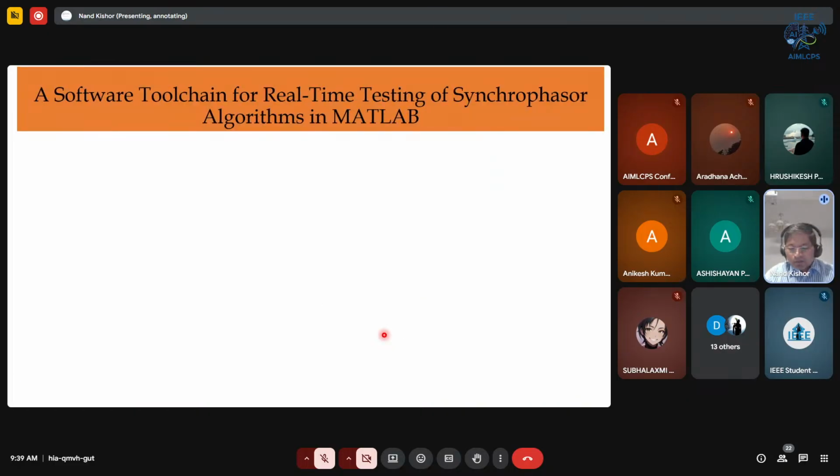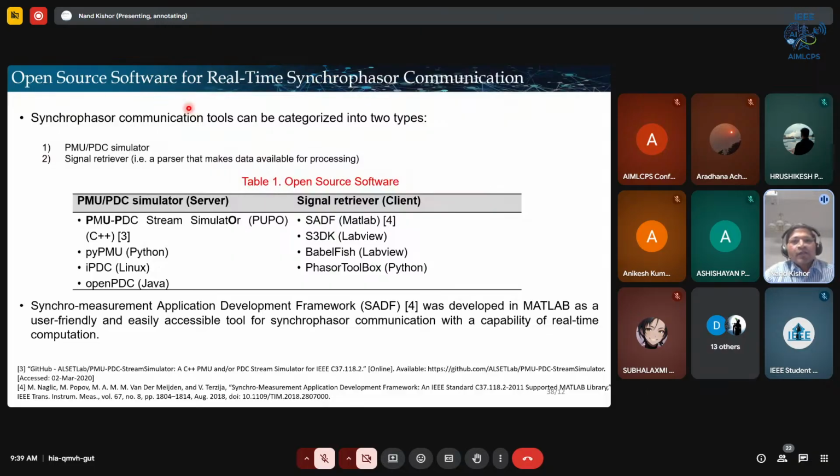We also have some application tools that were developed for the testing, referred to as the software tool chain. As you can see on the slides, nowadays there are several open source software packages available that could be applied.